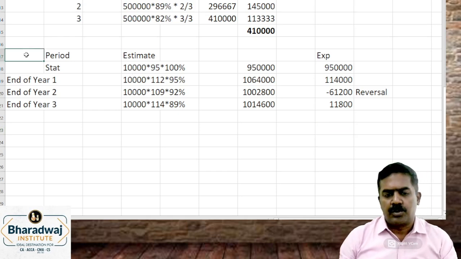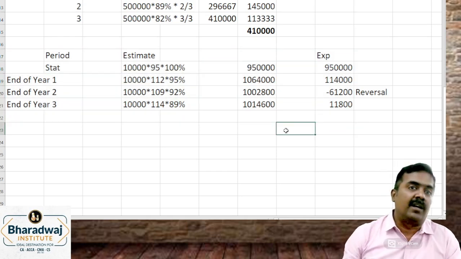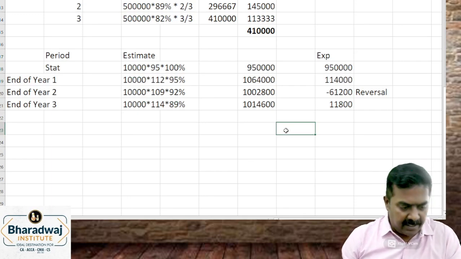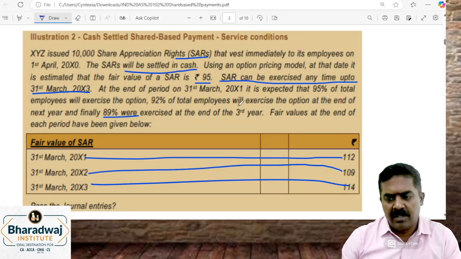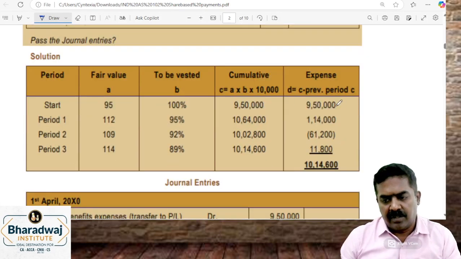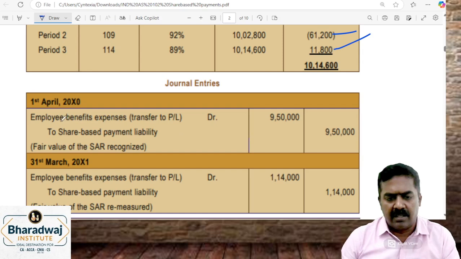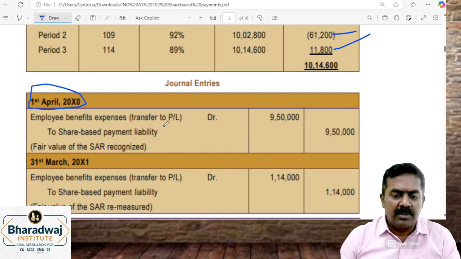Okay, so we are going to pay it in cash. Let us see. At the start 9,50,000, 1,14,000, reversal 61,200, last year 11,800. At the start we would have provided employee benefit expenses account debit to, it is not a share based payment reserve. Why?